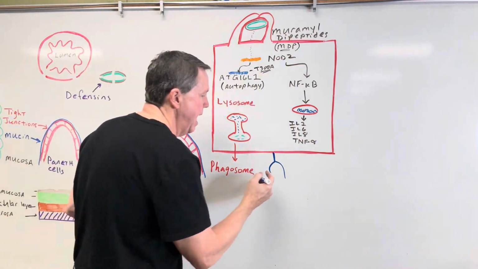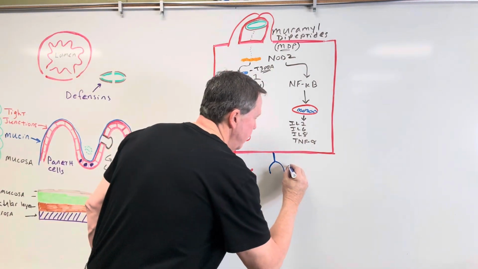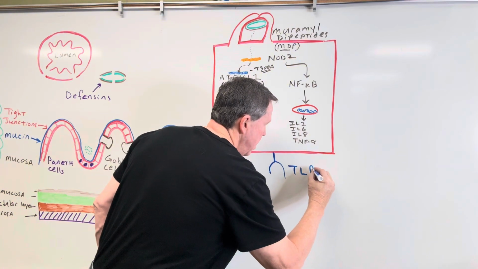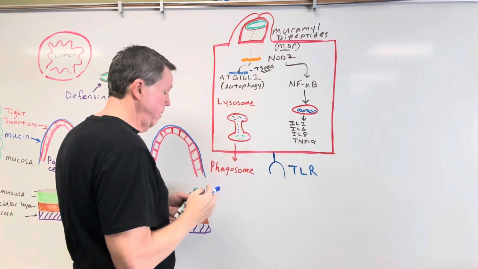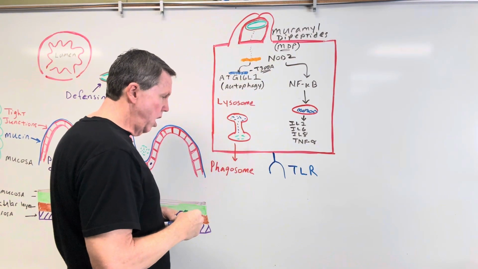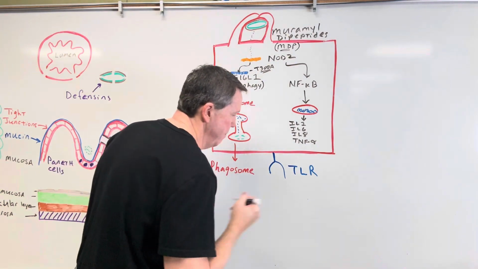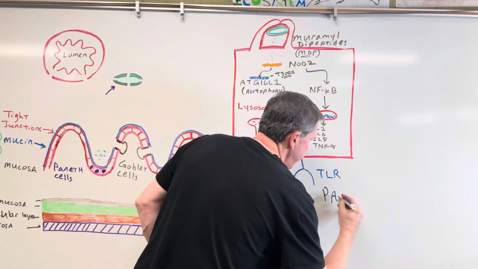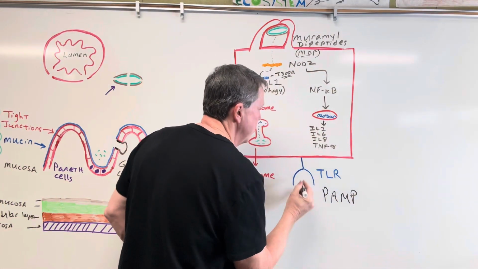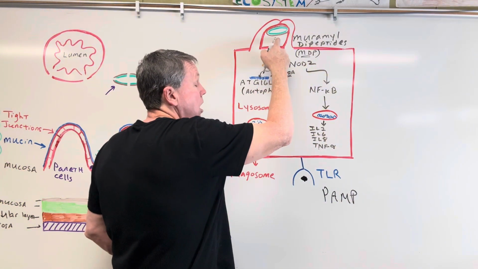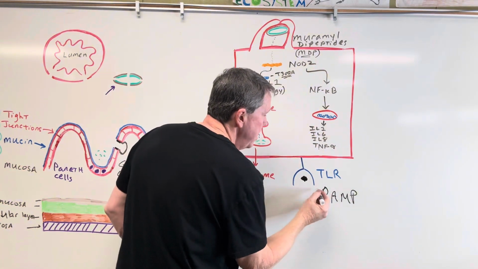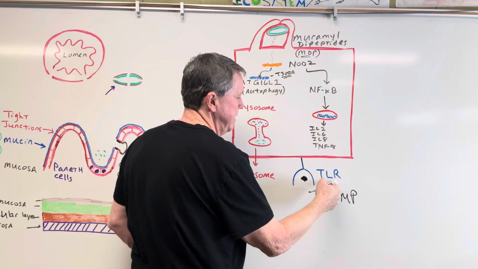But what's going to happen now is you're going to have something that we call a toll-like receptor. And these bacteria, their cell walls also secrete something that we call PAMP, pathogen-associated molecular pattern. So a piece of this cell wall on a bacteria will come off and it will bind to this toll-like receptor.